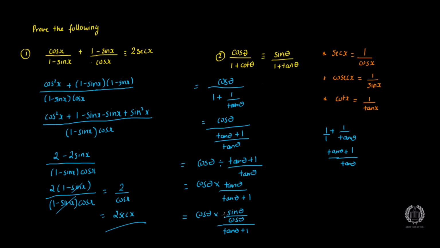Now, because we're timesing this, cos theta and cos theta will cancel out, so that goes. So then you're left with, that's 1, 1. Sine theta times 1 is sine theta over tan theta plus 1, or 1 plus tan theta. And that's it. Can you see that? Look, we've got it here.